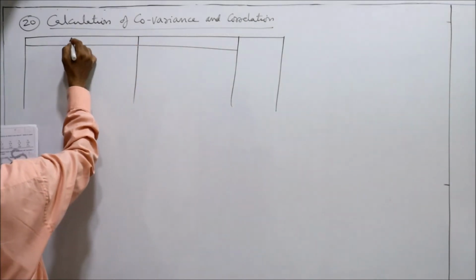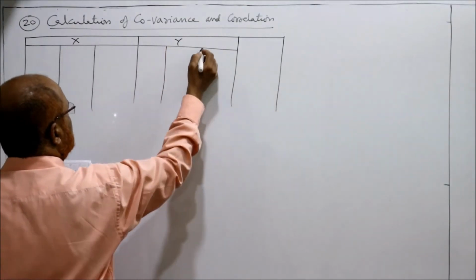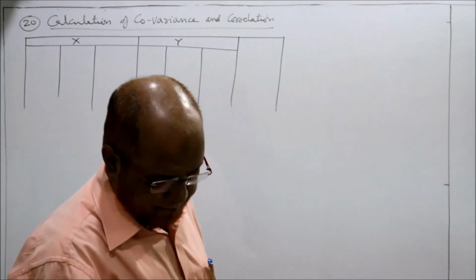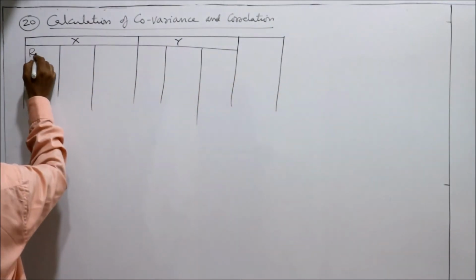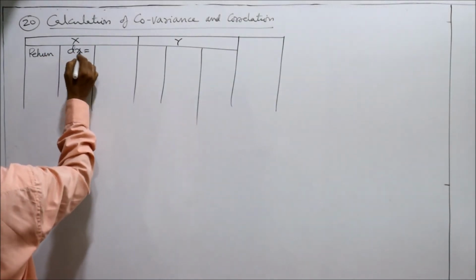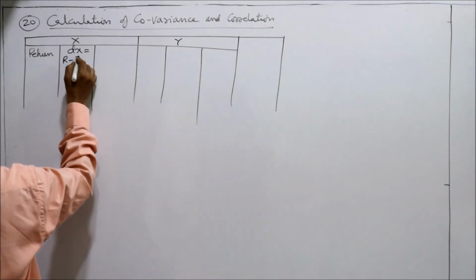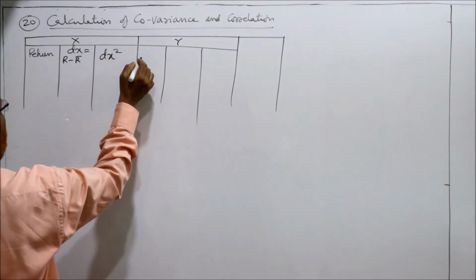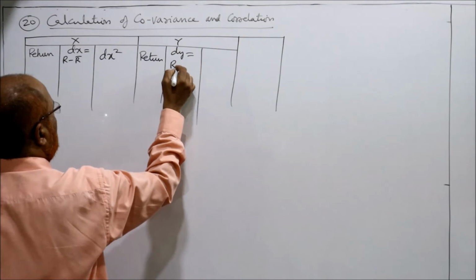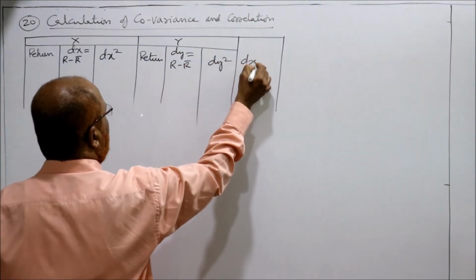This is stock X, this is stock Y. Now we take three sub columns: return, then dx, that is equal to r minus r bar, then dx square. Here also we take the return, dy is equal to r minus r bar, and dy square, dx into dy.